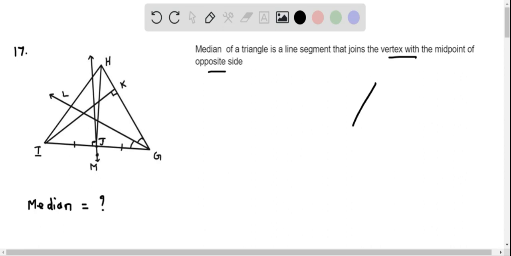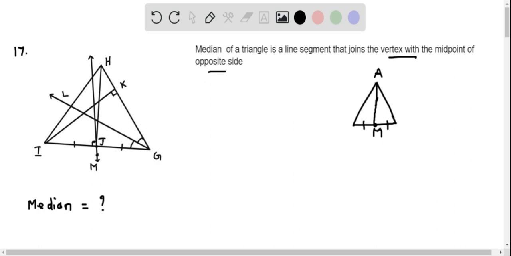So suppose I consider a triangle, we have three vertices for any triangle. So let's consider one of the medians. I draw a line starting from the vertex to the opposite side, and this joins the midpoint of the opposite side. If you consider this M as the midpoint, this is the median.